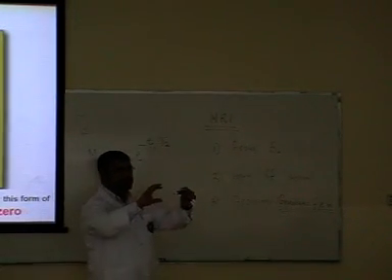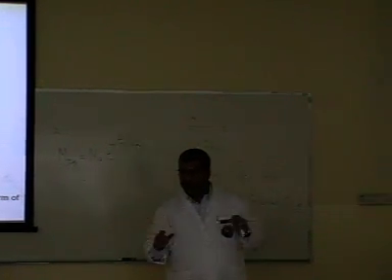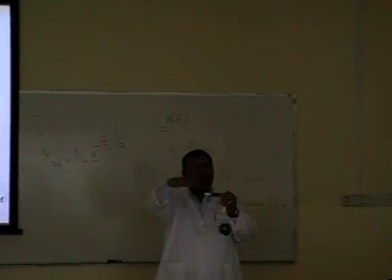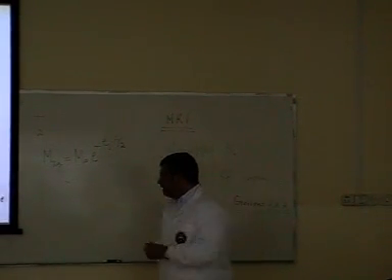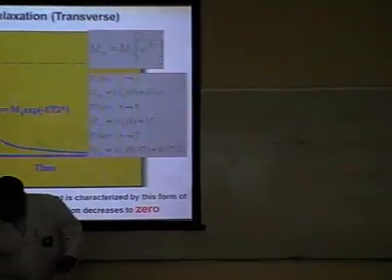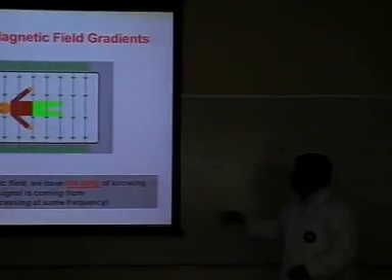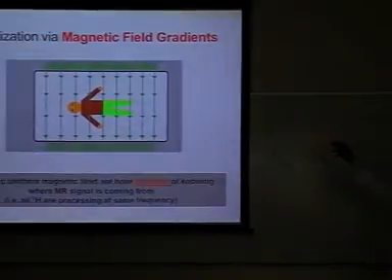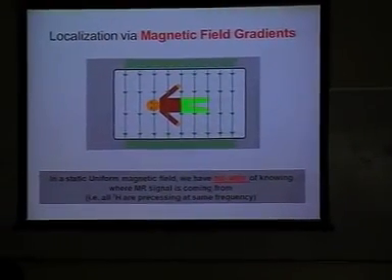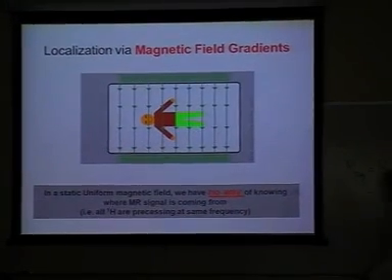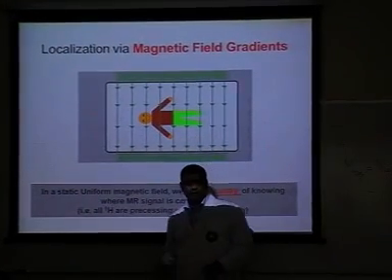Now, let me ask you this question. When you apply the RF, you have your patient lying down, and I think I have a slide with the patient. You applied your magnetic field, and I'm going to use vectors to represent it. This is your patient inside the magnetic field.